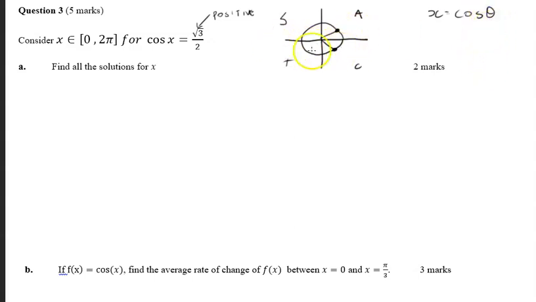So there are 2 points within this unit circle that are equal to square root of 3 over 2. This point here and this point here. And what we need to look for is what this angle within here is equal to, and then also what this angle here is equal to. So x is in the first and fourth quadrant.